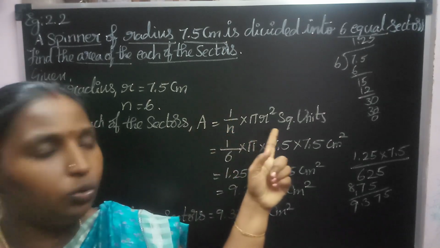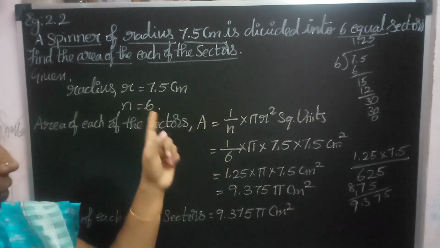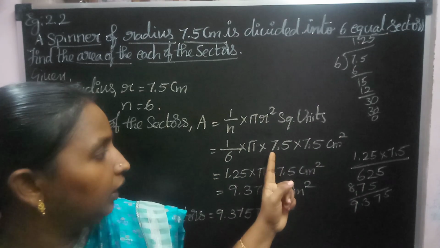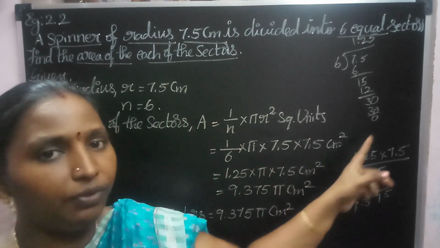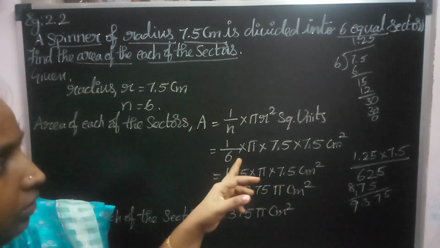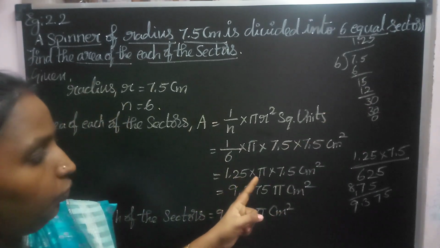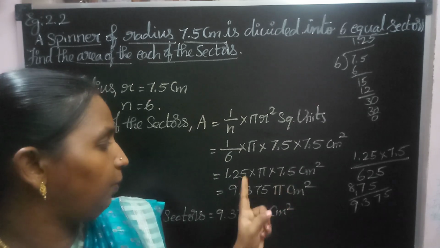1 by n into pi r square units. So 1 by n value is 1 by 6, substitute 6 into pi into r square, now r into r, that is 7.5 into 7.5 centimeter square. If you divide 7.5 by 6 now, you will get 1.25. So 1.25 into pi into 7.5.